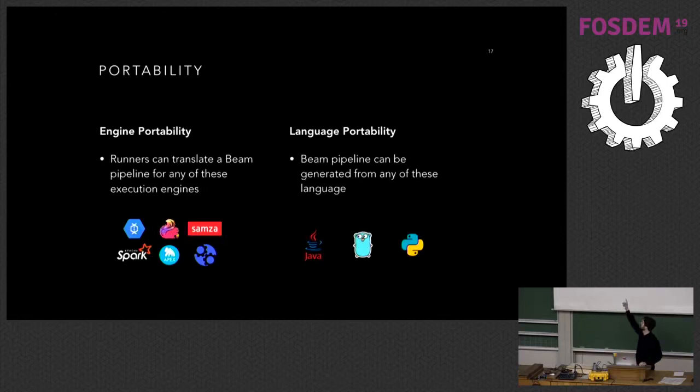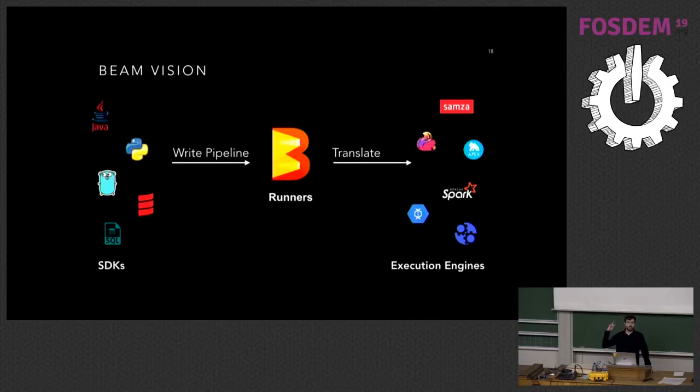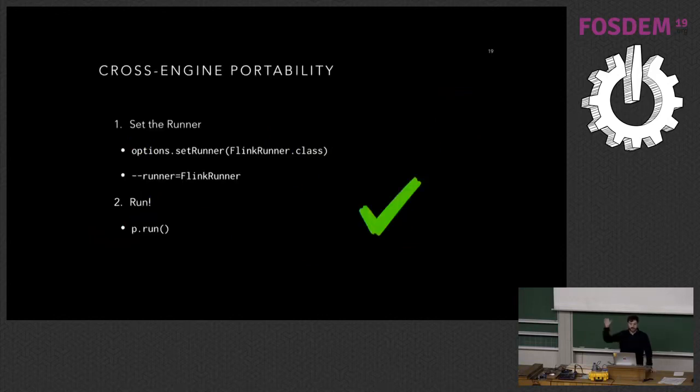And we have language portability, which is using different SDKs for composing the pipeline. If we look back at the vision I showed you at the beginning, this is how it should work. And in terms of engine portability, it is actually true.